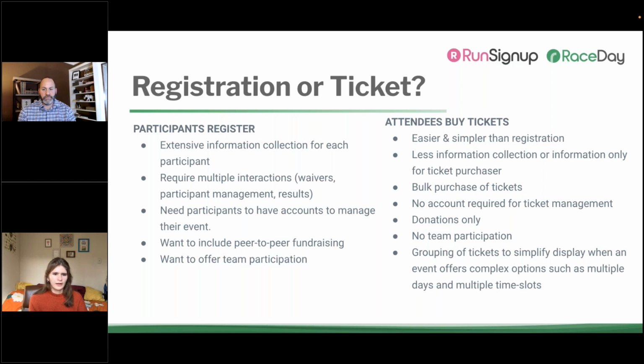Some high-level differences are, for registration, you're doing more extensive information collection, so you need the name, the email, the age, a waiver at a minimum for every single person coming to your event. You probably are going to need to do multiple interactions with those people ahead of the event and even after the event, like signing waivers later, doing participant management, which is changing their event, changing their shirt size, things like that.